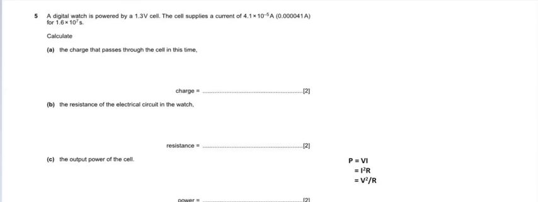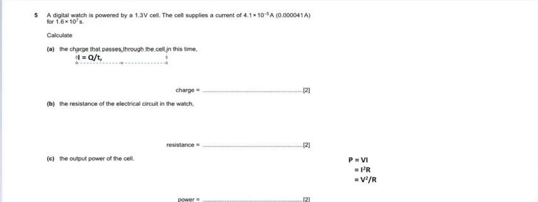So we can use here the direct definition of the current, that is charge divided by time, because here we want to calculate the charge that is passing through the circuit. So by definition, the electric current is charge divided by time taken.